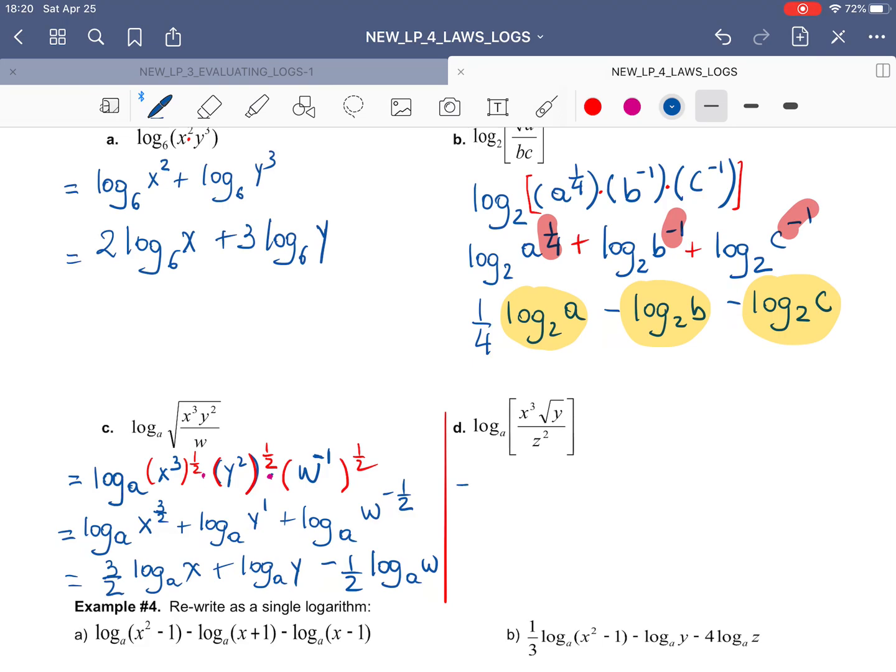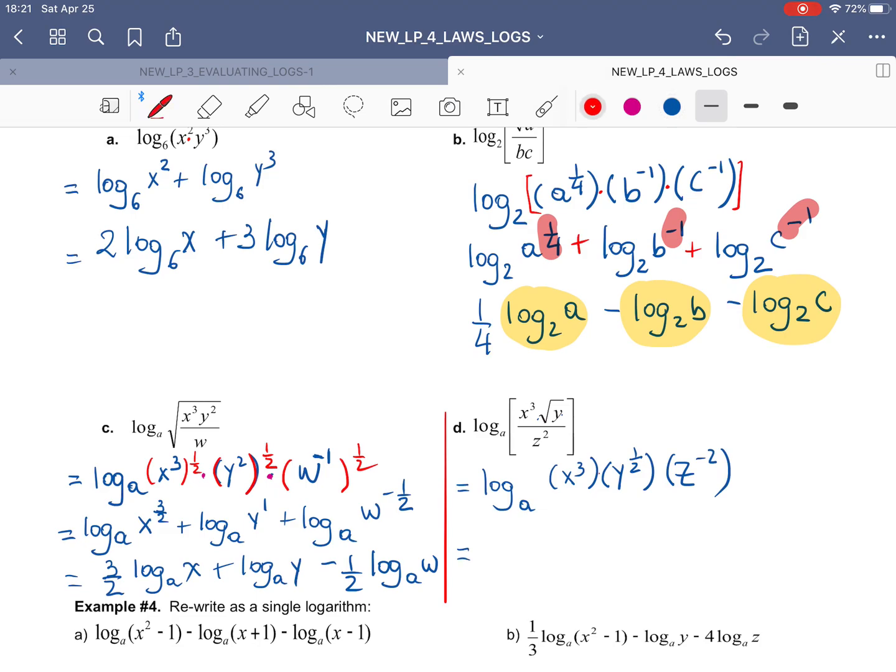Okay, moving on to the next example. We have log with base a of x cubed times the square root of y over z squared. Same strategy. I'm going to write every term inside the log in product form. It's easier to operate that way. So we have base of a, and then x to the power 3, y to the power 1/2, z to the negative 2.